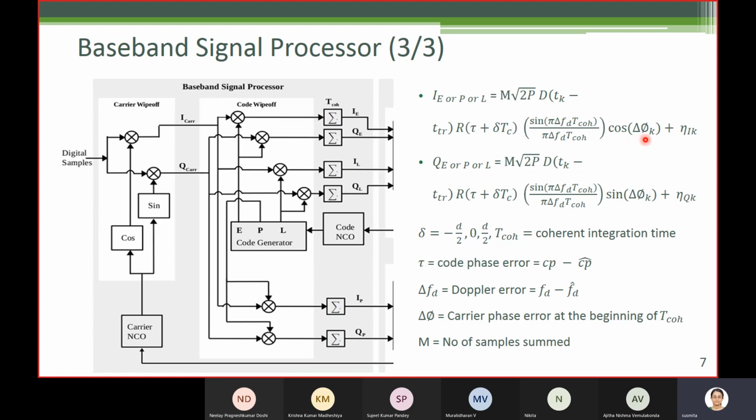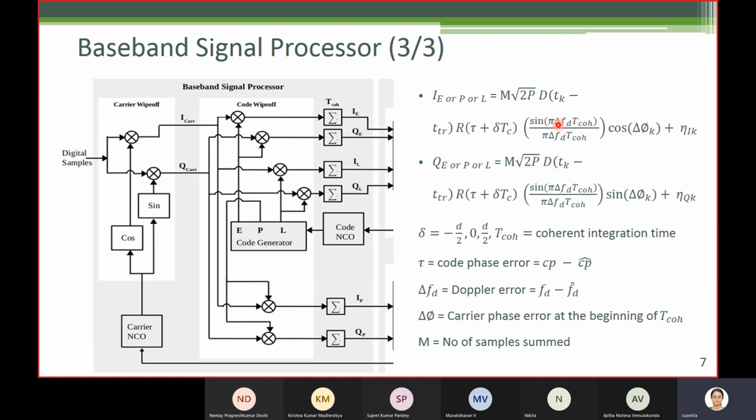But it is not always possible to make delta phi 0. For example, if C over N naught is not good, or if the vehicle on which the receiver is mounted is moving fast, changing its orientation fast, then making delta phi 0 is not always possible. Under such circumstances, an alternative is to make delta FD 0.